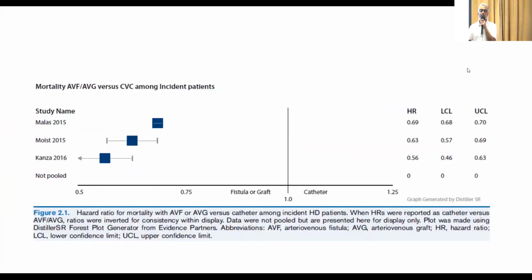So obviously they've compared mortality between AV fistula, AV graft, and central catheters. So who thinks central catheters are better than AV fistulas? Good. Who thinks AV fistulas are better than AV grafts? Excellent. So, they've shown it here.